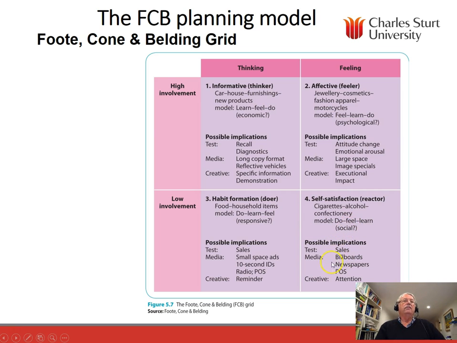And we test for sales, and we're using the media, billboards, newspapers, point of sale, etc. And the idea is to create attention. So you can see, depending on the level of involvement and the kind of process, whether it's a thinking approach or a feeling approach, different products and services will apply different methods of marketing communication.